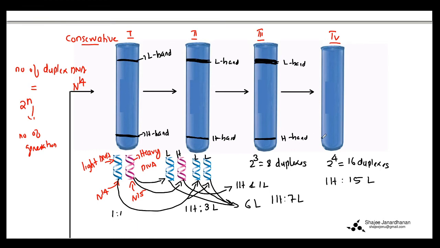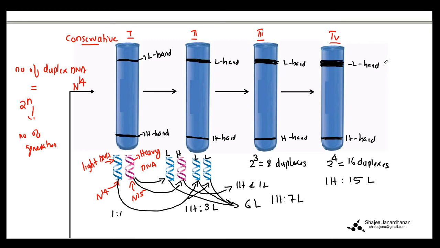So in the fourth generation also, the thickness of the heavy band is going to remain the same, whereas the thickness of the light band has still increased, because now there are 15 times more lighter duplexes than the heavy band.